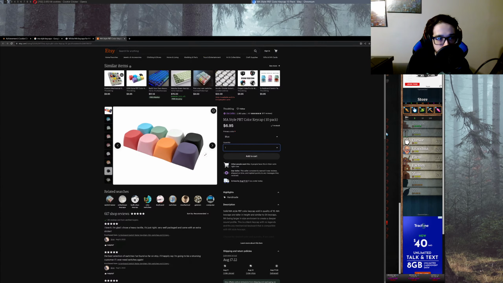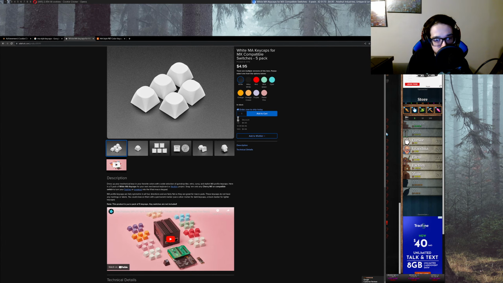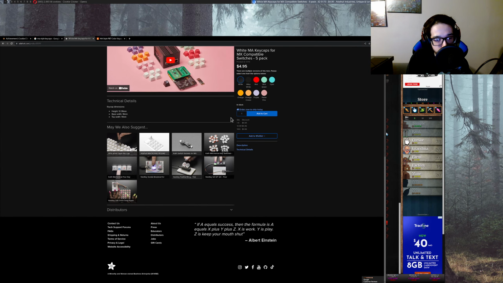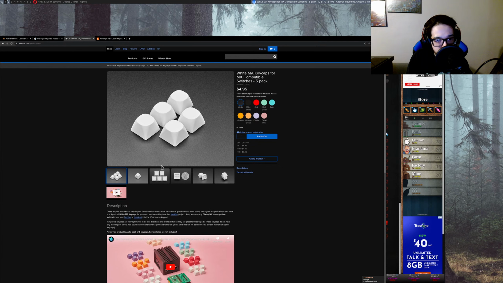Also, the thing is, I'm not really sure what colors. But they're both the same made, but probably slightly different colors. Does this say PBT anywhere?